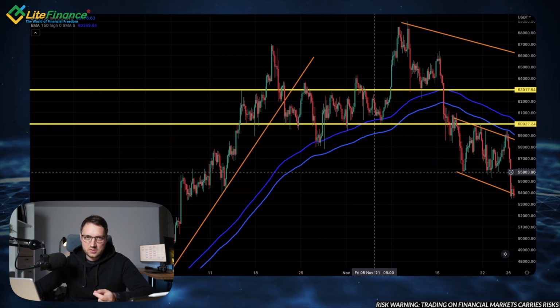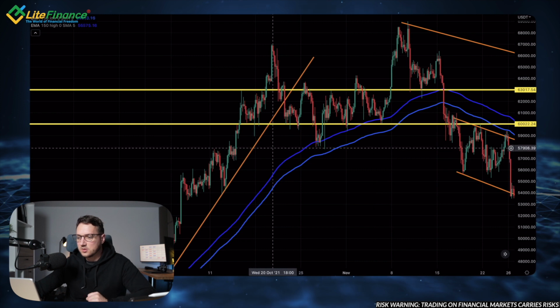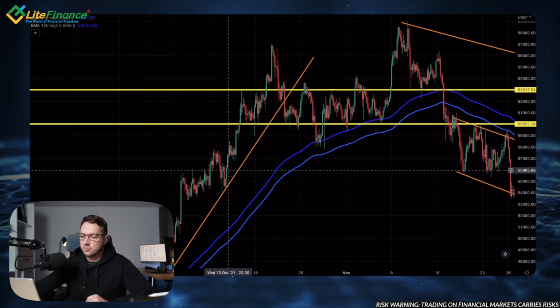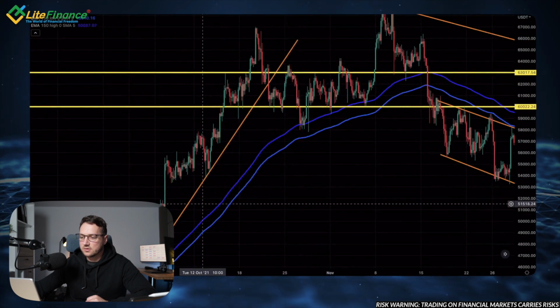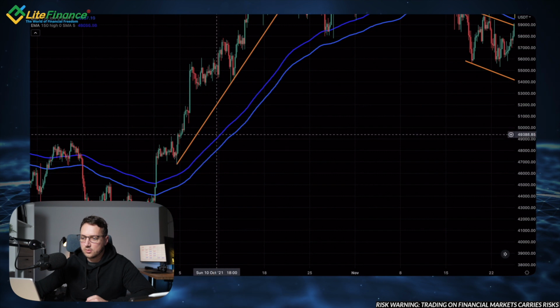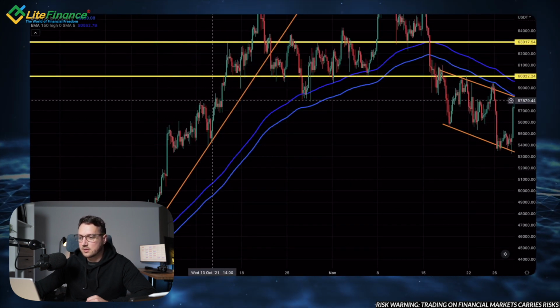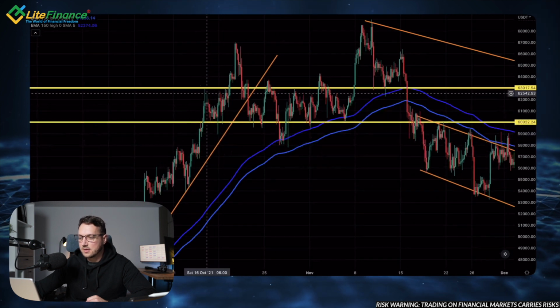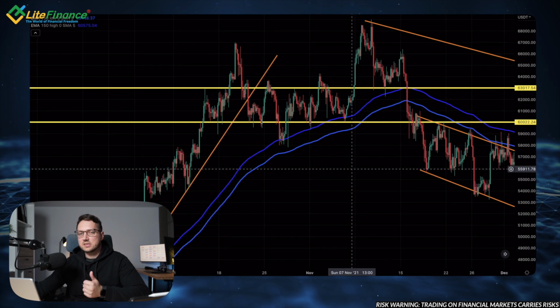Therefore, the pullback or consolidation or bigger consolidation might start. As you can see, we had this moment over here when the trend was very clear, right? We are making a higher high, higher low, higher high, higher low, so on and so forth. So that's the first thing.